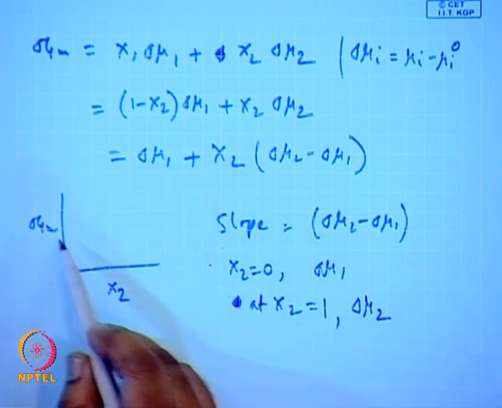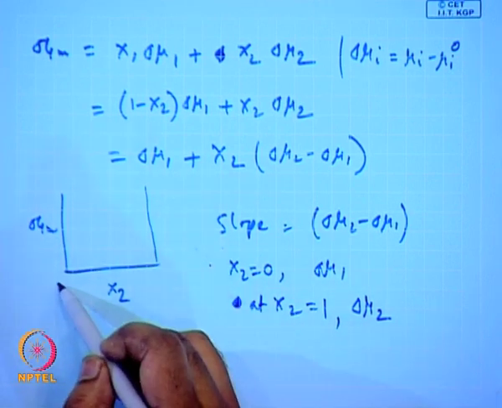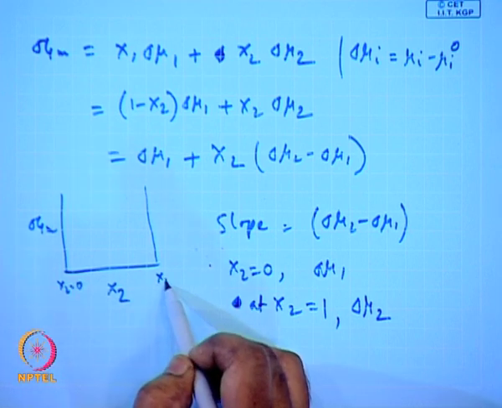Those are the intercepts at x 2 equal to 0 and x 2 equal to 1.